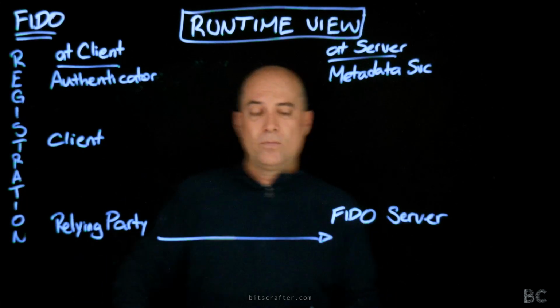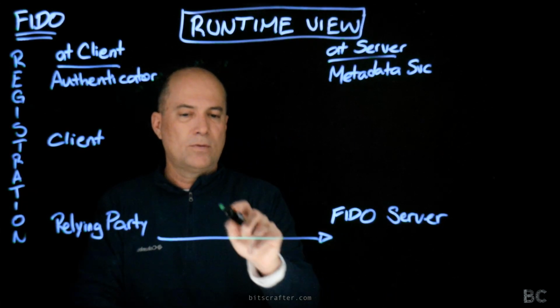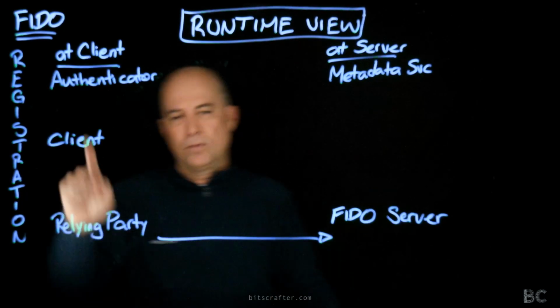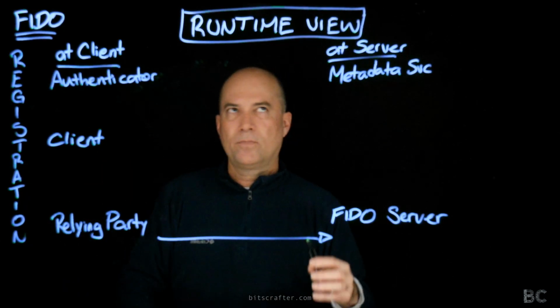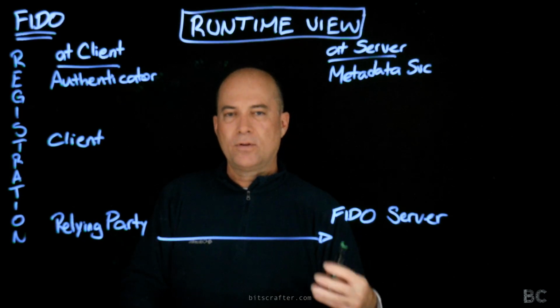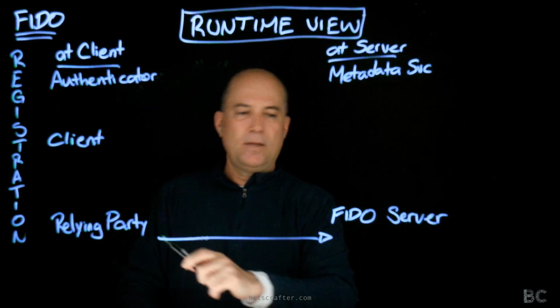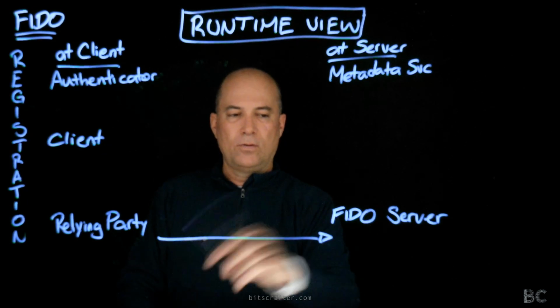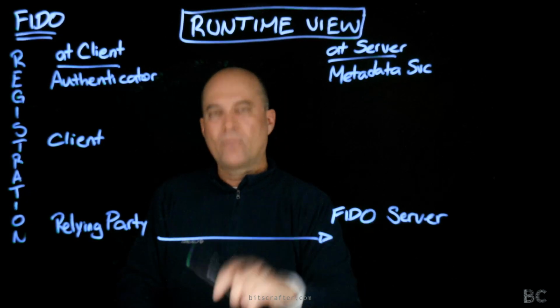It needs to begin by going to the FIDO server because it needs the parameters. So the call from the browser to the client requires specifying how the RP wants this FIDO credential to be created. And the recommendation, or what FIDO says, is that those parameters need to come from the server.